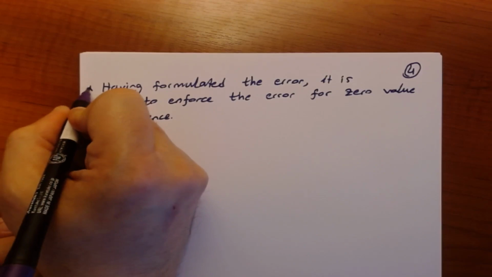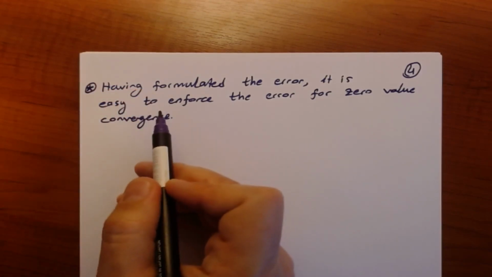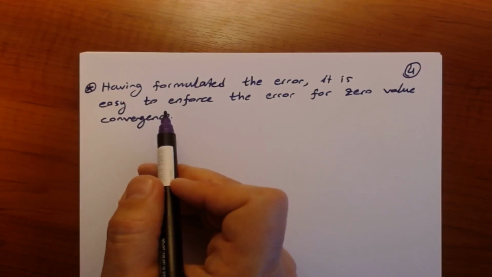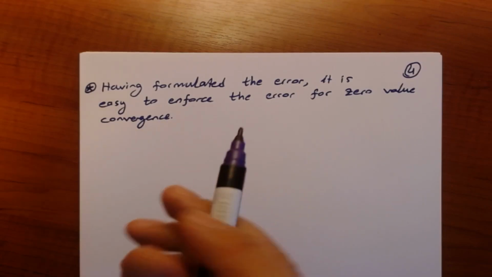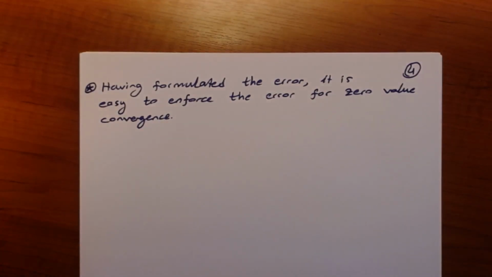What I mean is, we will try to put our error in such a closed loop dynamics that it starts with any value and ends with zero value at the end.